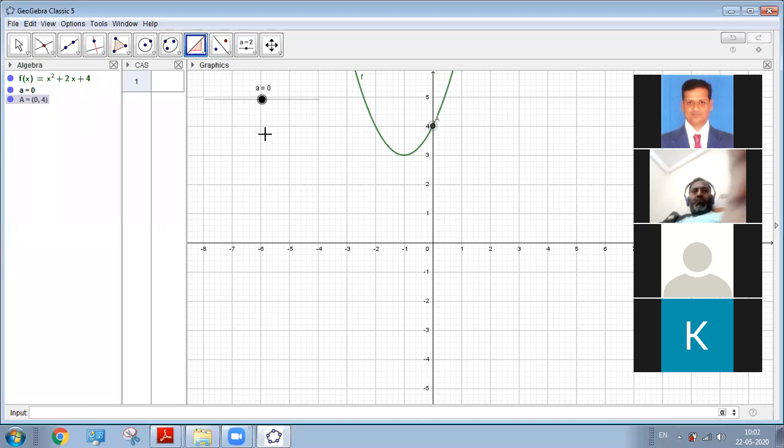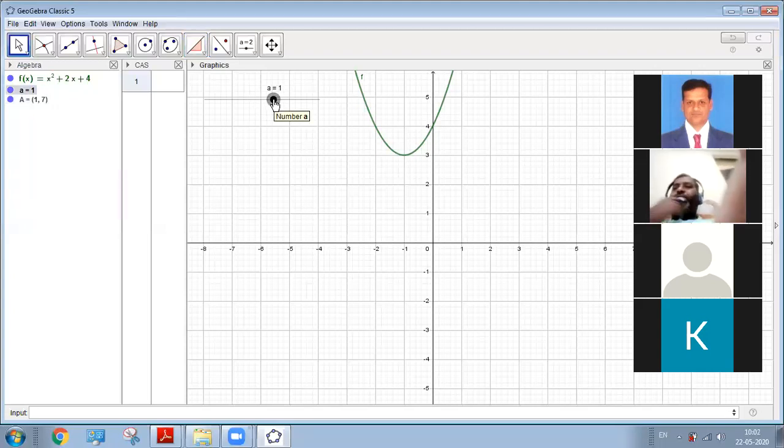Now according to the limit of this function, I am going to find out the value of f of x when x approaches 1. This is 1. If x approaches 1 from the left side, 0.8, 0.9, when it is 0.8, it is 6.24.